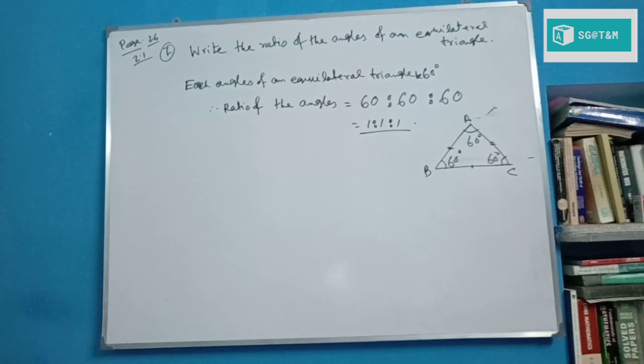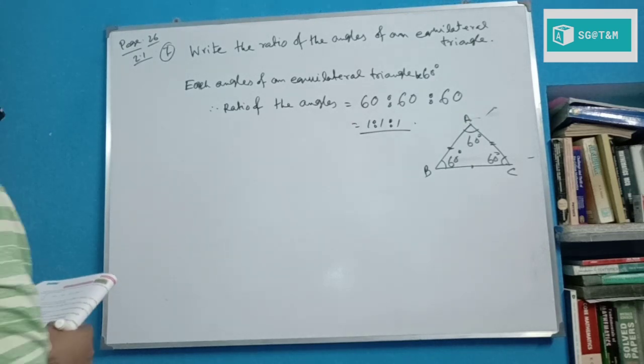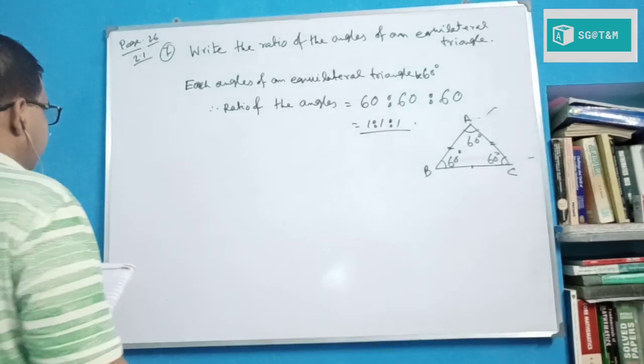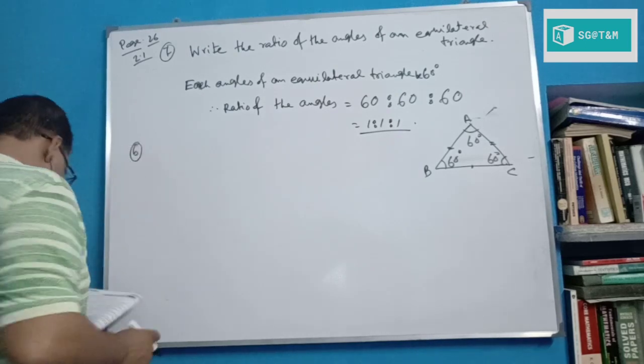And question number 6. Let's write the ratio of the angles of a right angle isosceles triangle. Question number 6 also.